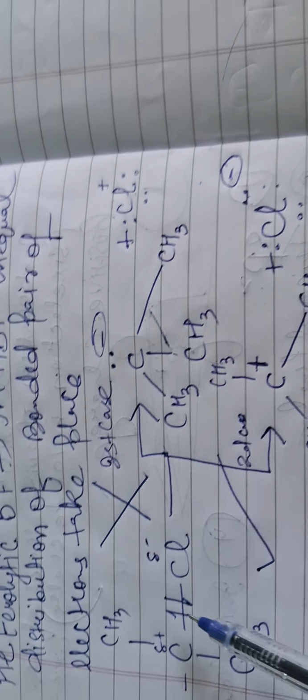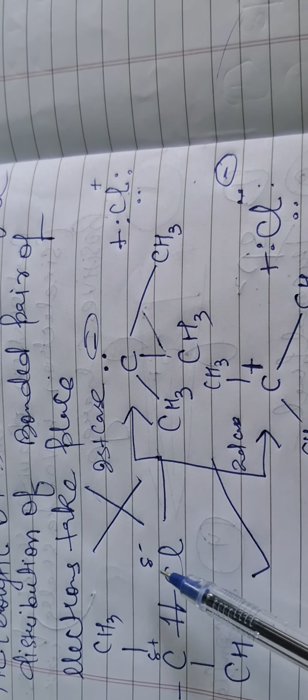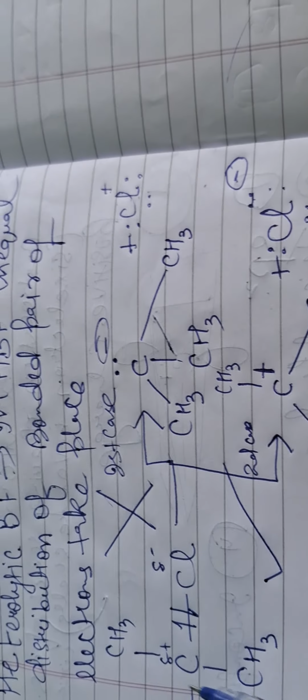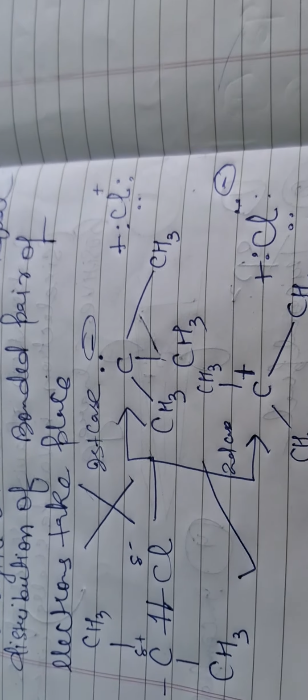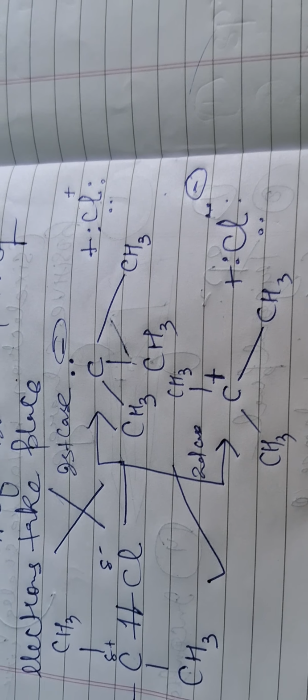Have you seen that here we have polar bonds? If there were no polarity, for example if there had been the same carbon on this side, there would have been no polarity. But there is polarity here, because both have different electronegativity. So because of that, heterolytic bond fission happens in polar bonds.